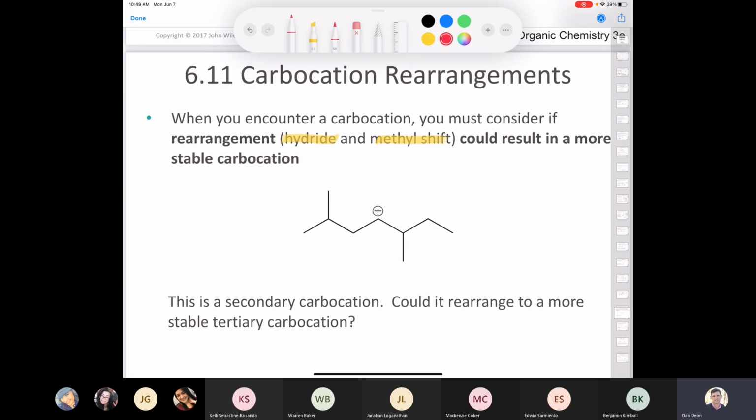This is a secondary carbocation. Would this rearrange? Could anybody answer that based off of what we saw about rearrangements earlier? The hydride shift and the methyl shift?